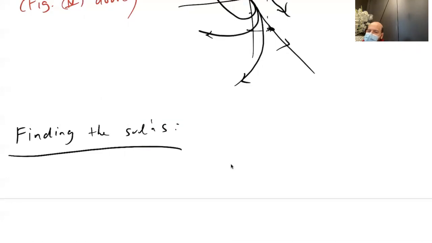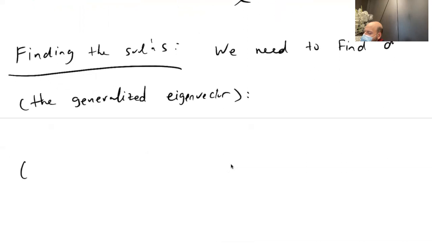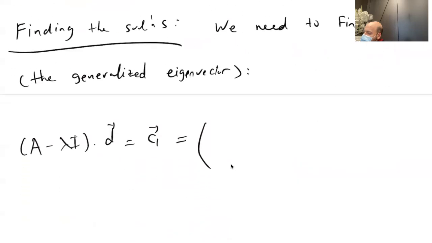We also need D, the generalized eigenvector. How do I find the generalized eigenvector? A minus lambda I times D should give me C1. C1 in our case is 1 and minus 2.